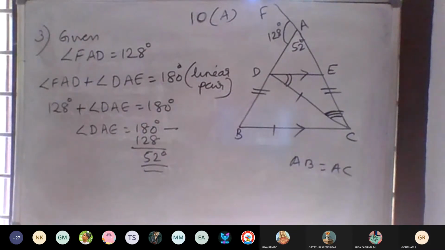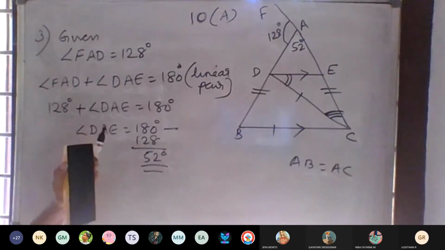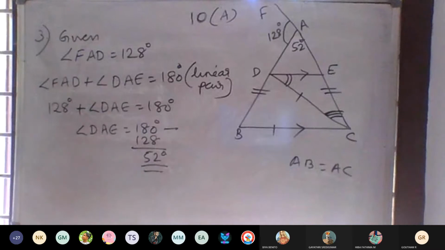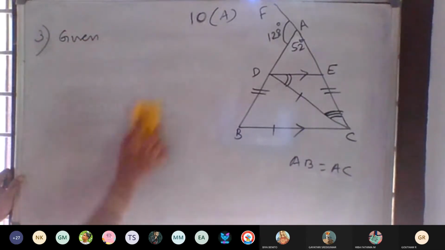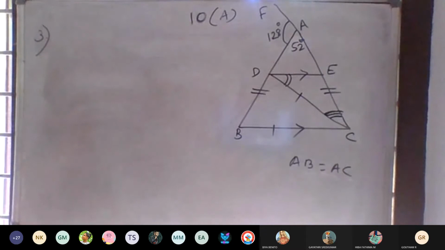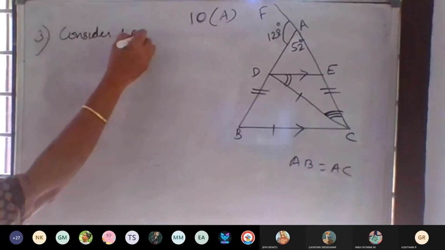Then consider triangle ABC. If you have any doubt, please tell me. Up to this completed? Consider triangle ABC.